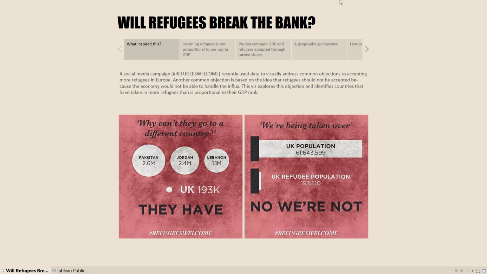On the screen you can see two examples of what they did. They were looking at data and using it to visually address some common objections people have when we're talking about refugees coming to Europe. The objection I wanted to address was the idea that we can't afford refugees, they'll break our economy, it just can't handle it. That's what I'm going to be exploring today.